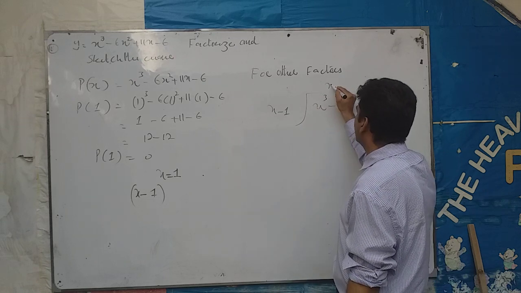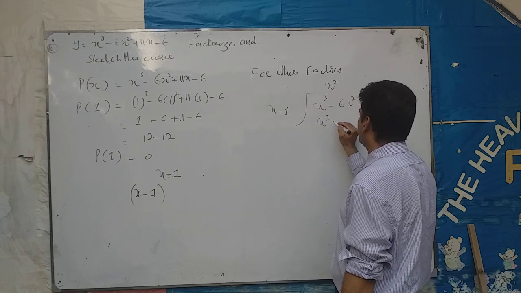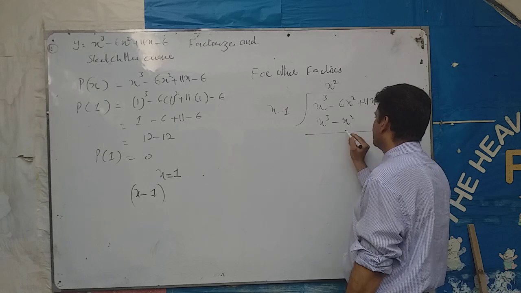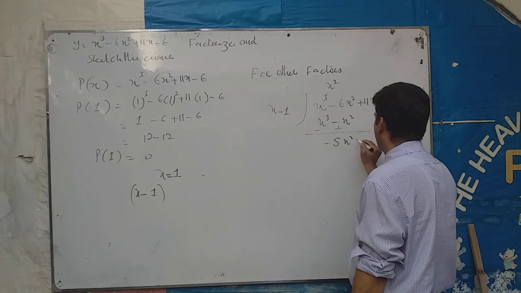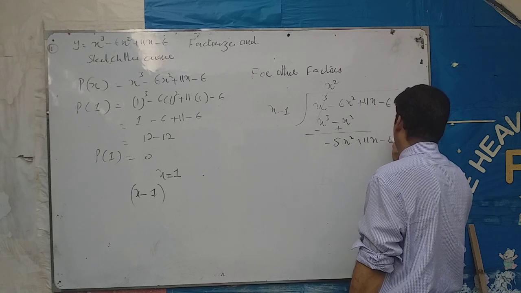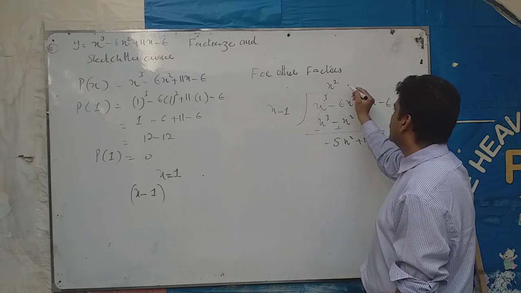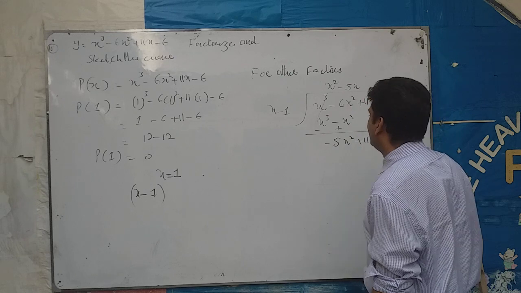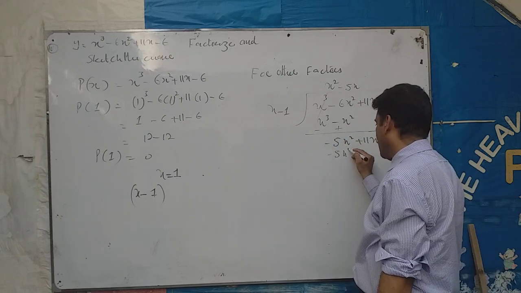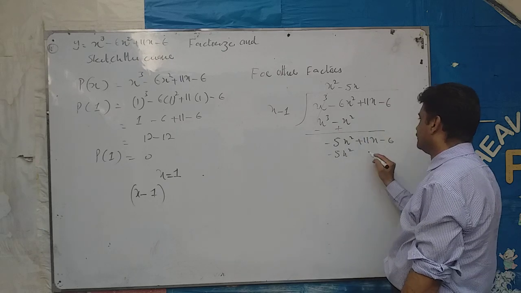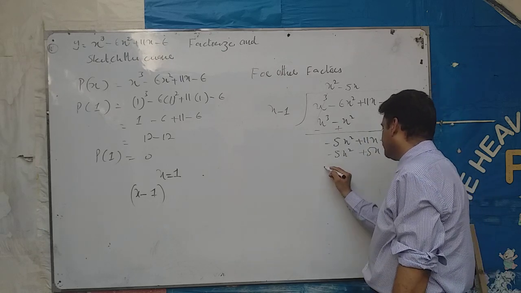After dividing, when we multiply minus 5x by x, we get minus 5x squared, and plus 5x.